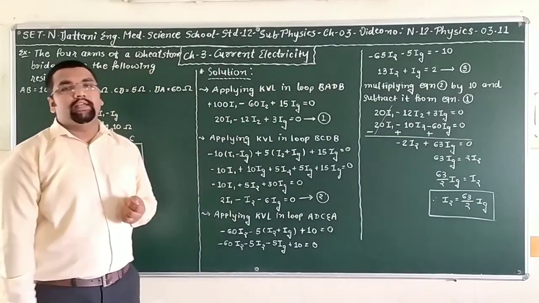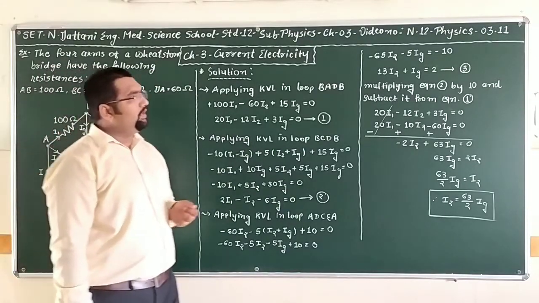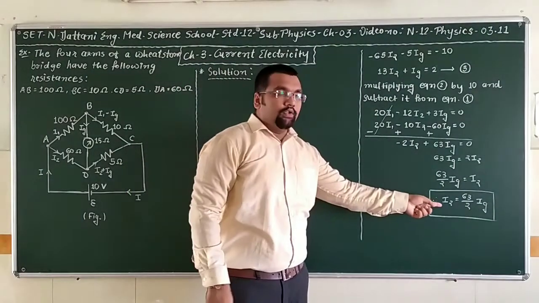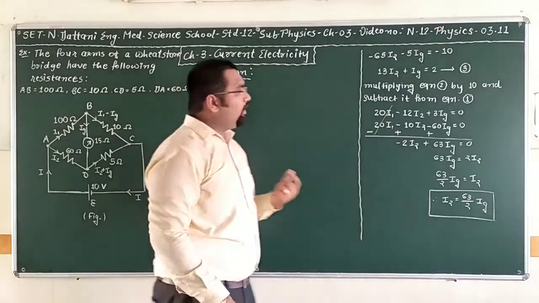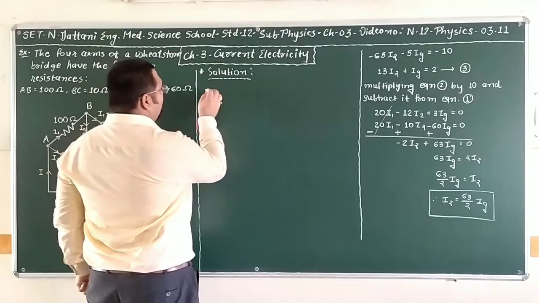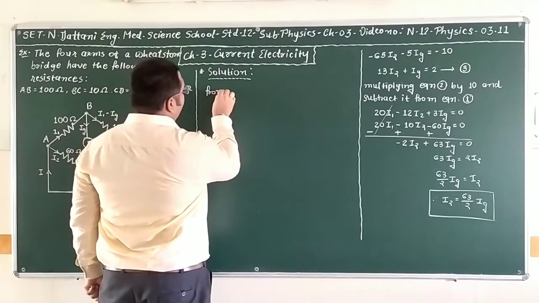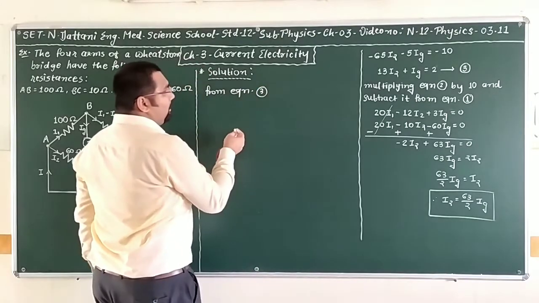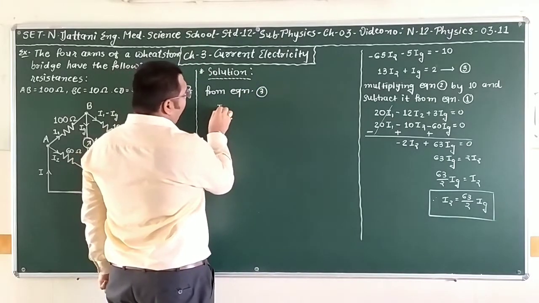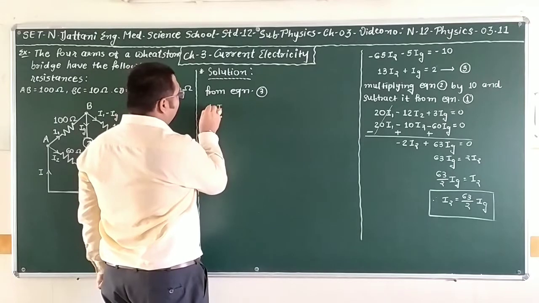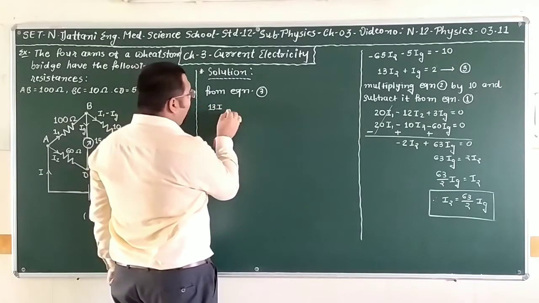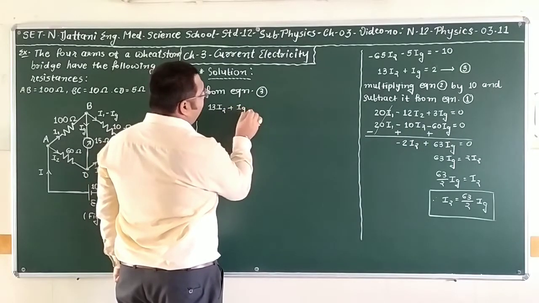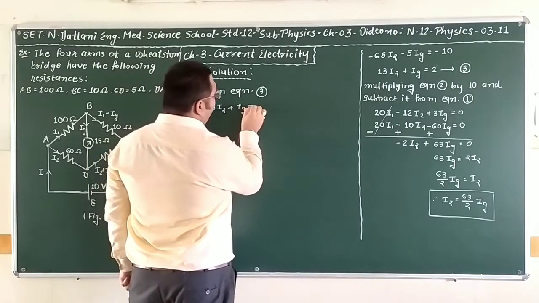Now we will put this value into the equation number 3. First of all we will write the equation number 3, that is 13I2 plus Ig equal to 2.